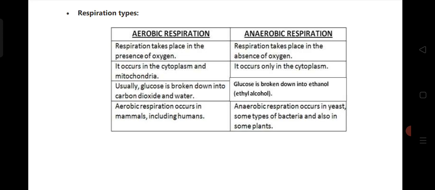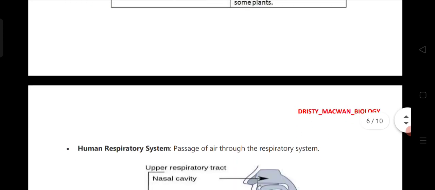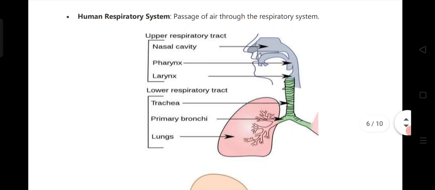So this is the main difference between the two types of respiration, aerobic and anaerobic. Now we are going to see the next topic, the human respiratory system, which involves the passage of air through the respiratory system. First we will see the organs involved.